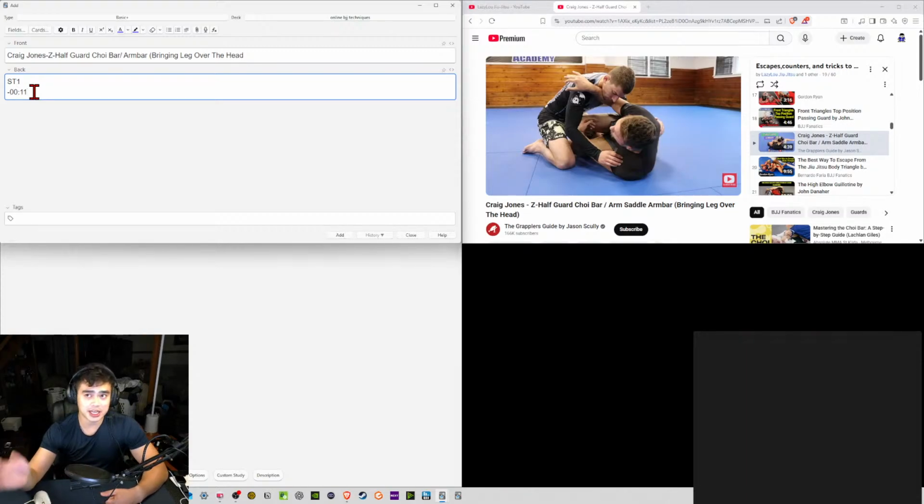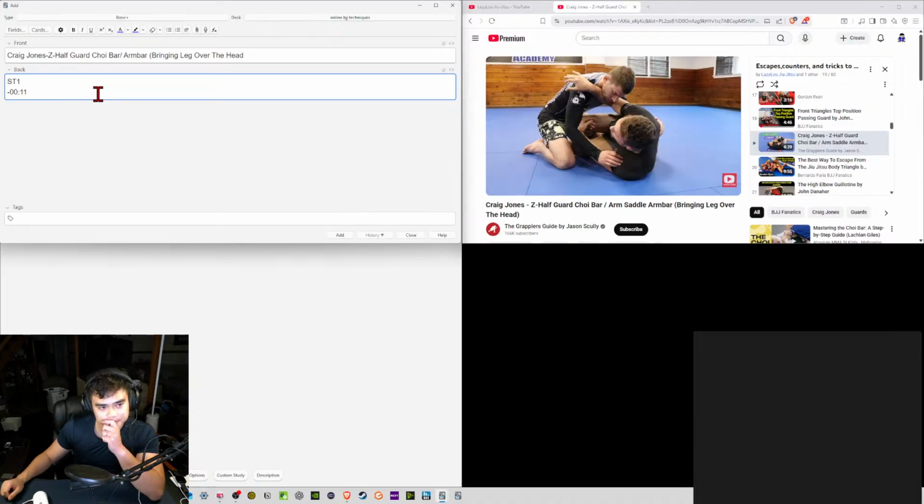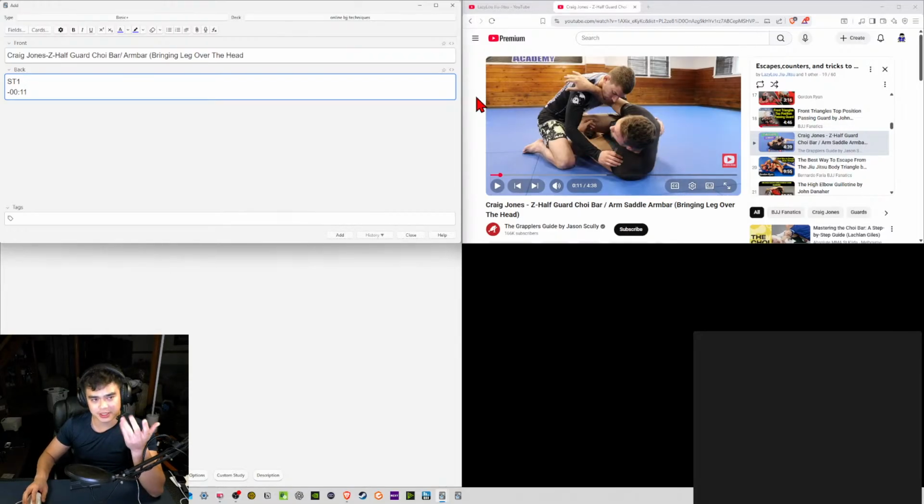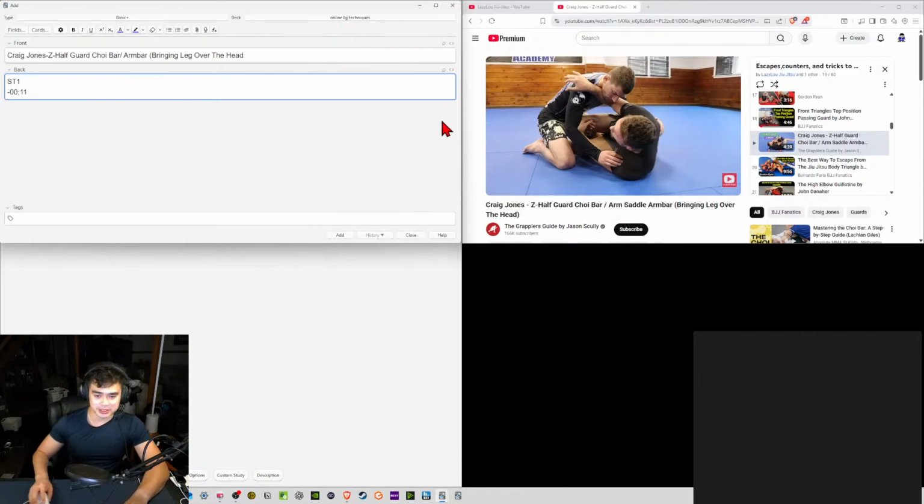This way I can save time and hassle looking for the part that I'm missing. So after I write code, in the future when I review this card, I can use the timestamp to find the part of the video to rewatch and remember what I am missing. Hopefully that makes sense.